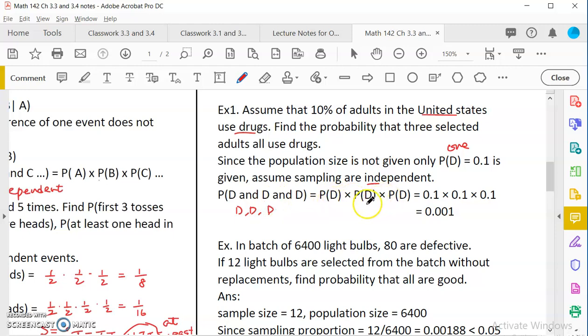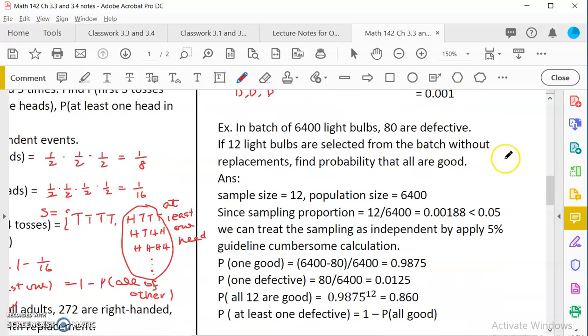Just keep on multiplying without thinking that I pick one, so I have less to choose from. There's no less to choose from, because this 10% is for the whole population. So you just multiply the 3, and the chance of all 3 of them using drugs is 0.001. This is when you do not have the sample size, so you just assume that it is less than 5%.